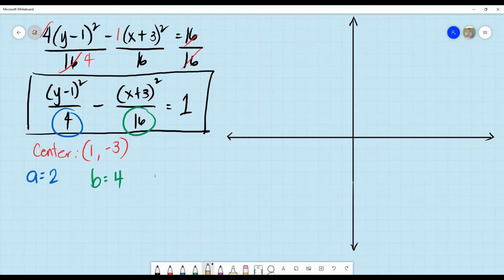And finally, for our C, this is the square root of 4 plus 16. And so when we solve this, C is equal to the square root of 20. And the square root of 20 is 4.47 or 4.5.